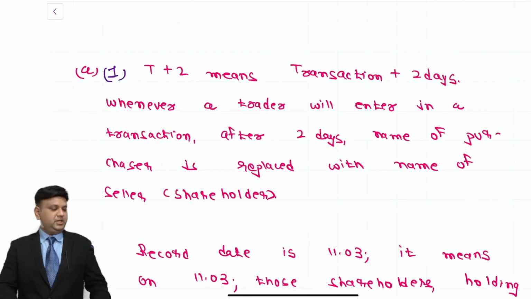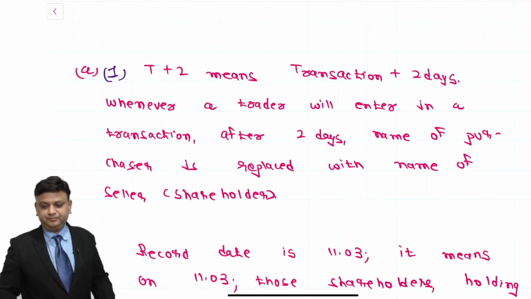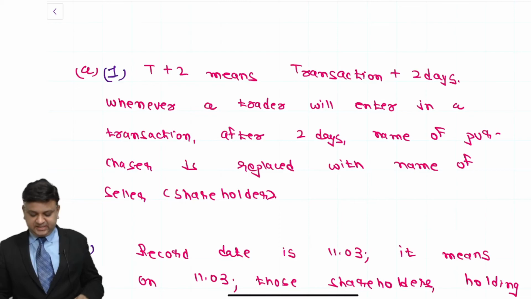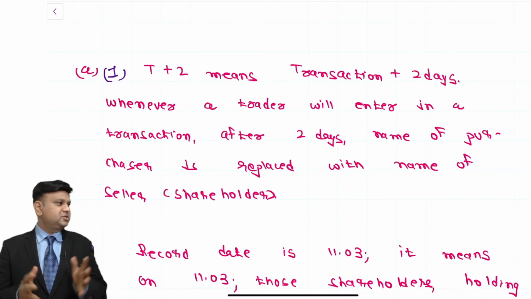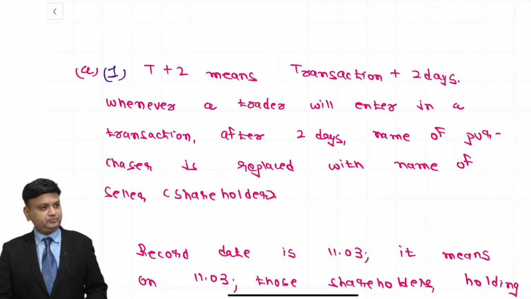So small summary. So summary of the entire answer. In question number A, we had to give an answer that say what is the ex-dividend date. For that, we have understood that the T plus 2 means basically the date of transaction plus 2 days.